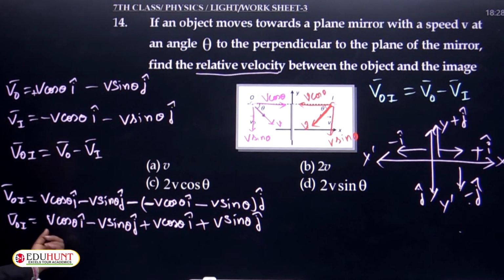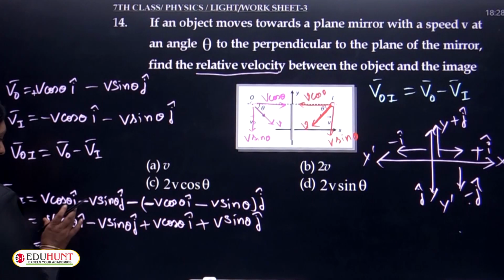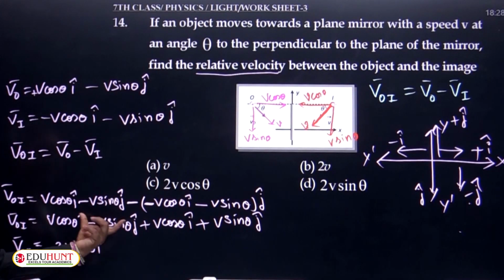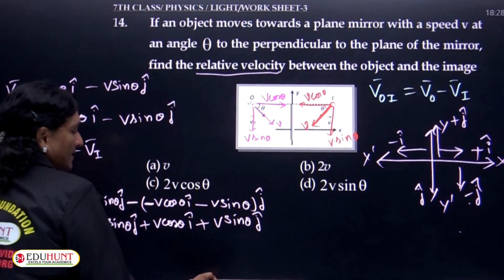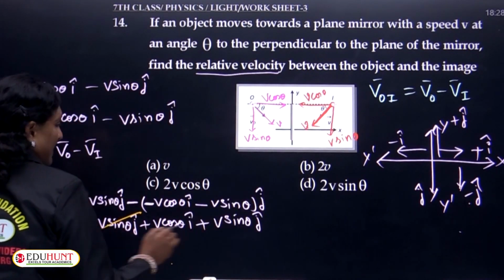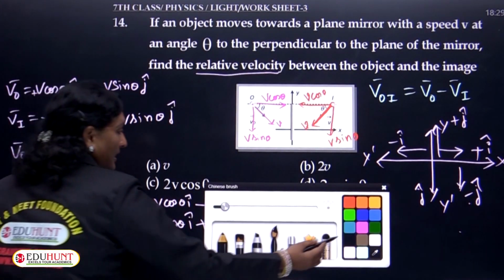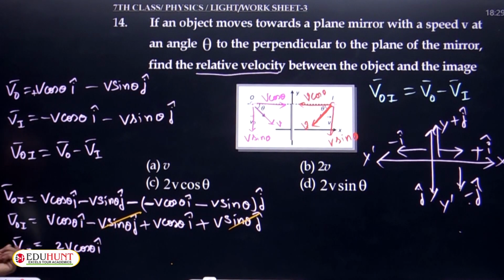If you clearly observe, v cos theta plus v cos theta will become 2v cos theta I cap. Minus v sin theta j cap and plus v sin theta j cap, they both get cancelled. Hence we observe that the relative velocity between the object and the image is found to be 2v cos theta.